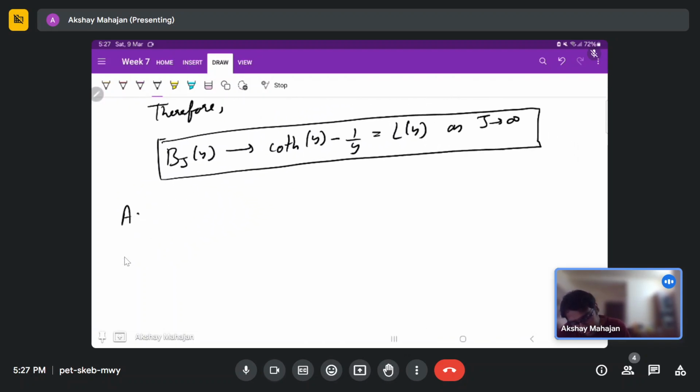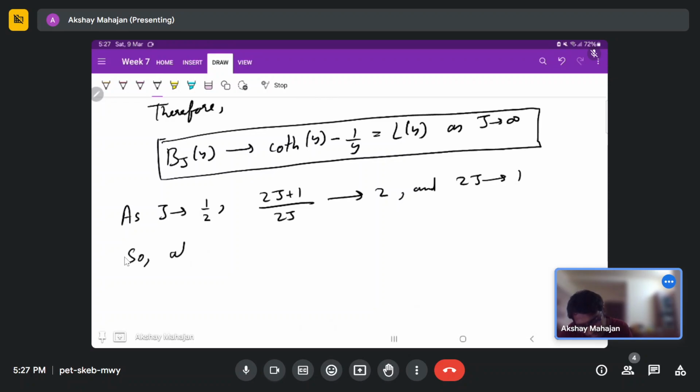Now as j tends towards half, this 2j plus 1 upon 2j will tend towards 2, and 2j will tend towards 1.